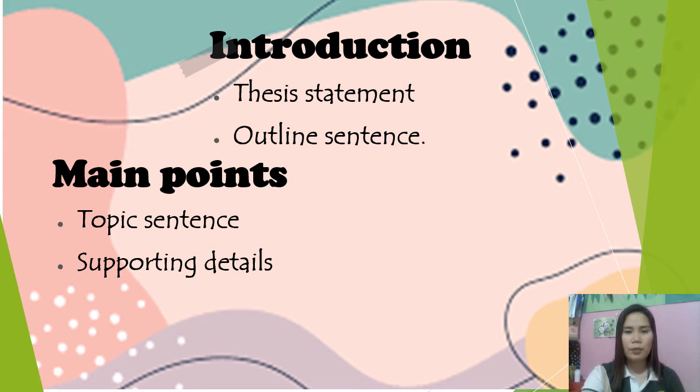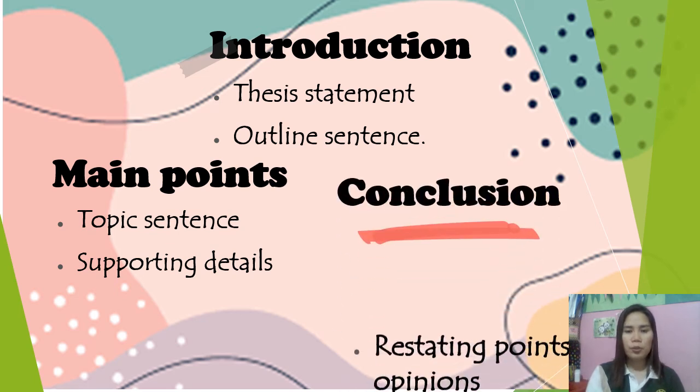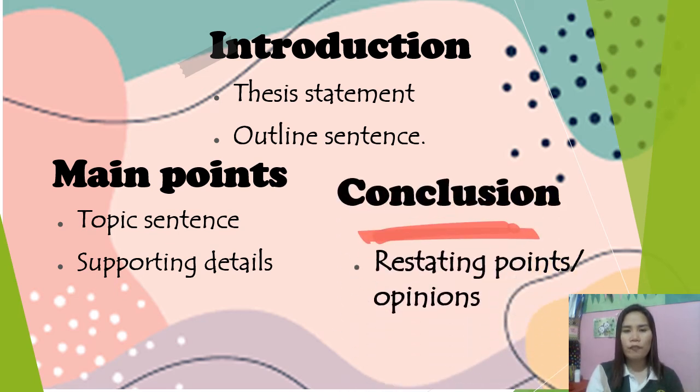Lastly, we have the conclusion. In the conclusion, you have to restate your points and strengthen your stand. Since all topics in the argumentative essay are about current issues, you may use the present tense of the verb.